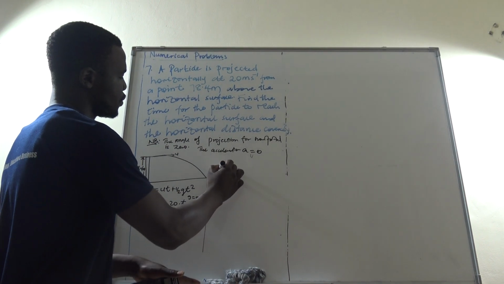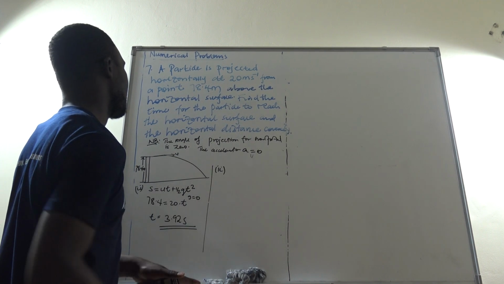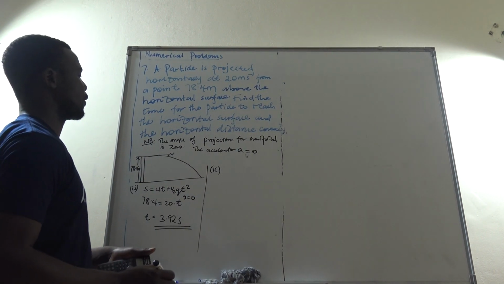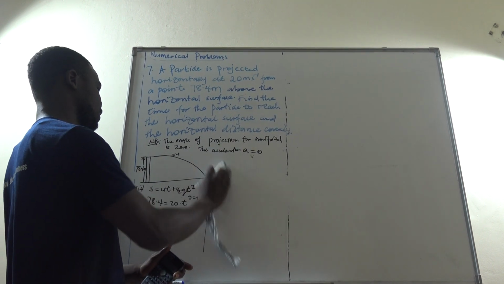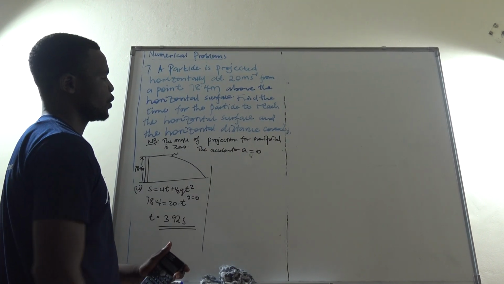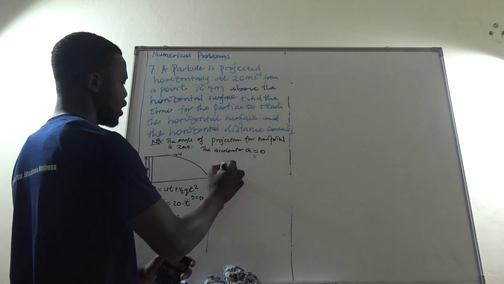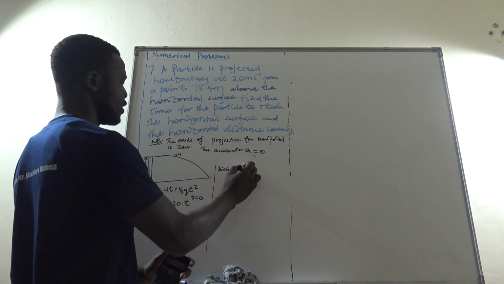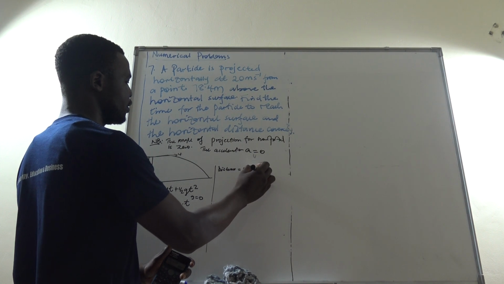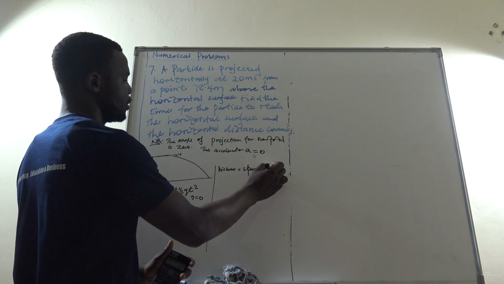Now Roman numeral 2 was asking for the horizontal distance covered. We know from primary school that distance is equal to speed times time.